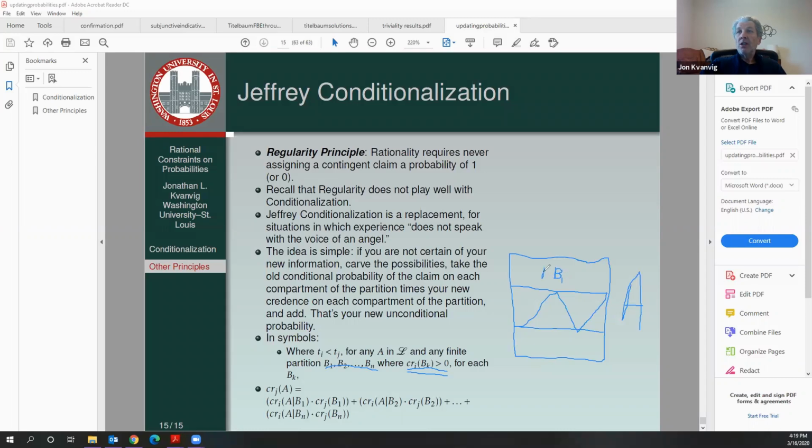And we know what we're looking for is how big is the A part of B1? Given B1, how much of that is going to be A and how much of it isn't, right? So forget this part of the label. And then you have B2. You have partitioned all of logical space and you're asking the question for each of the components, how much of that component is occupied by A?